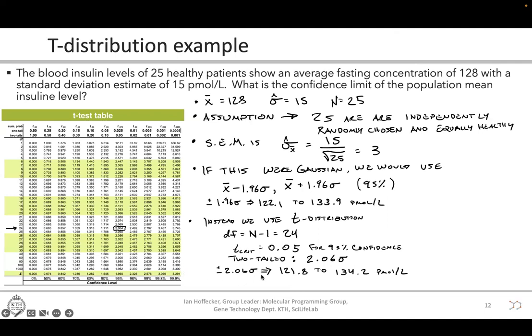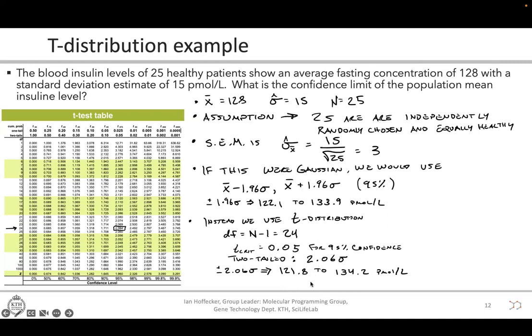And so that means that 2.06 times our estimator, in this case 3, is going to define the range in which, in 95% of universes, we will be correct if we say that the population mean lies within this range.